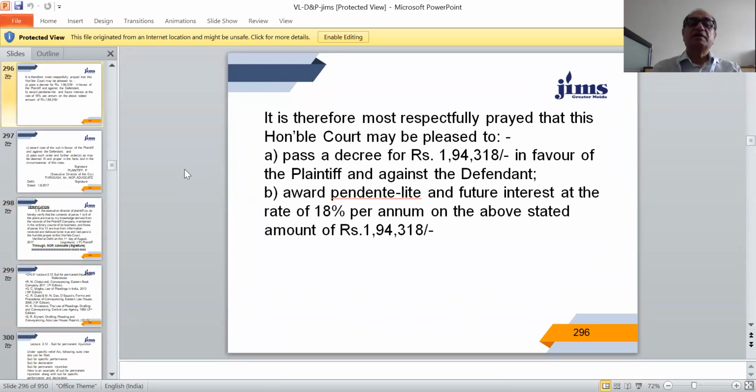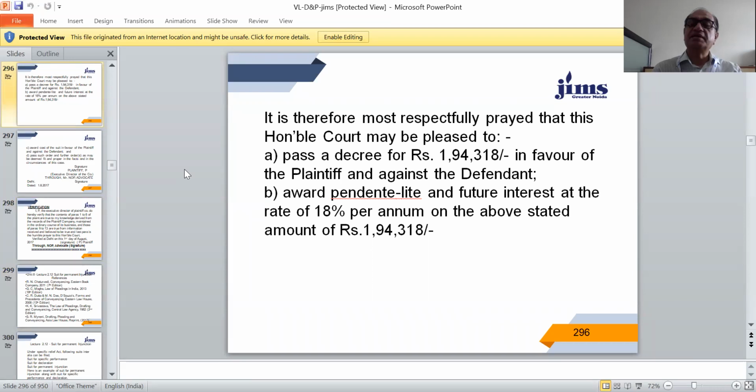Now, the prayer clause. It is therefore most respectfully prayed that this honorable court may be pleased to pass a decree for rupees 1,94,318 in favor of the plaintiff and against the defendant. Further relief: award pendente lite and future interest at the rate of 18% per annum on the above stated amount of rupees 1,94,318.